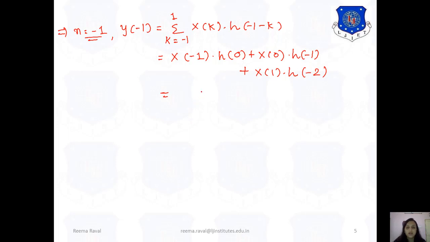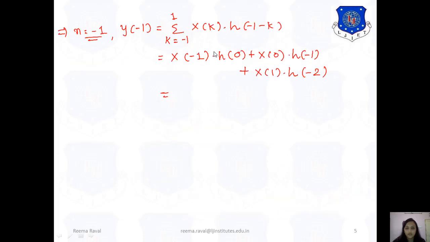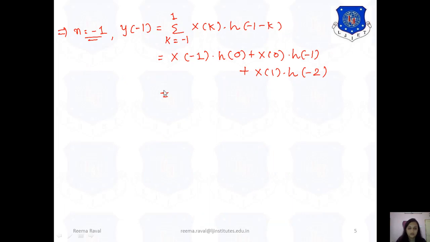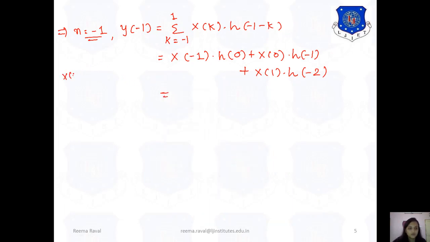Okay. Now x of minus 1 is what? So as we have seen over here, x of n is 1 2 1 and h of n is 2 1 0, right? So x of n equals to 1 2 1 and h of n equals to 2 1 0, right? So let us consider the values.